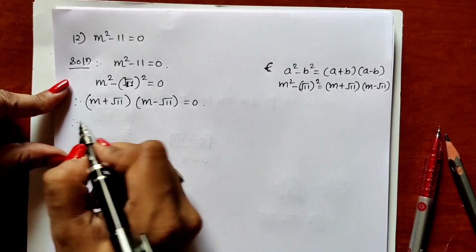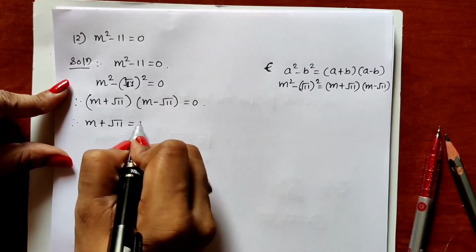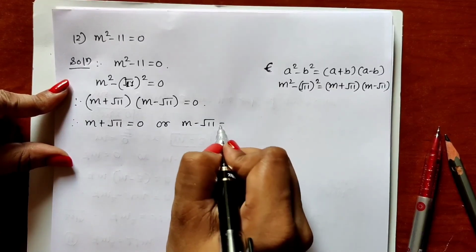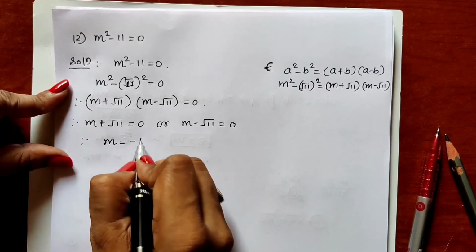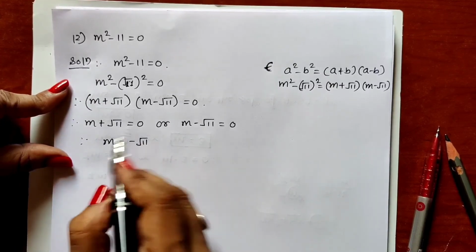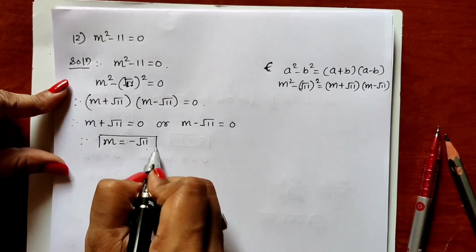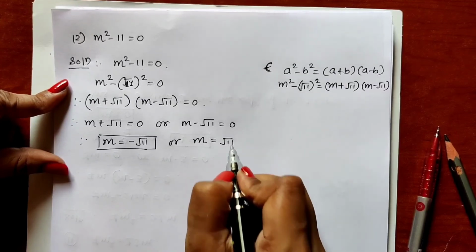So what will be the next step? Therefore m plus square root 11 is equal to 0 or m minus square root 11 is equal to 0, and therefore the two values of m are: m is equal to minus square root 11, this plus transferred here becomes minus, or m is equal to plus square root 11.